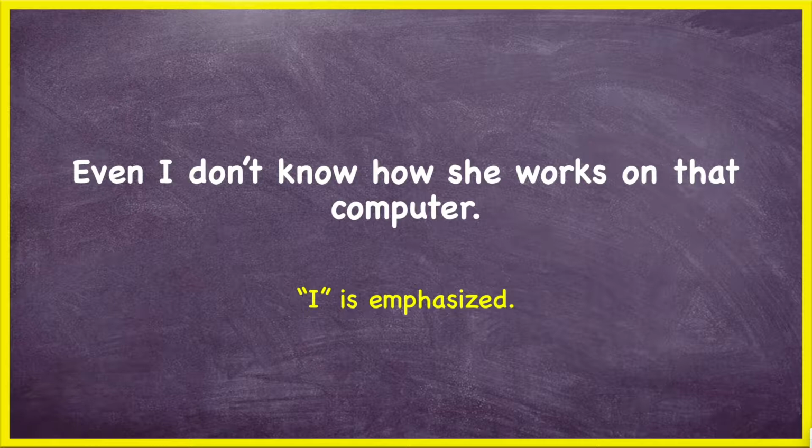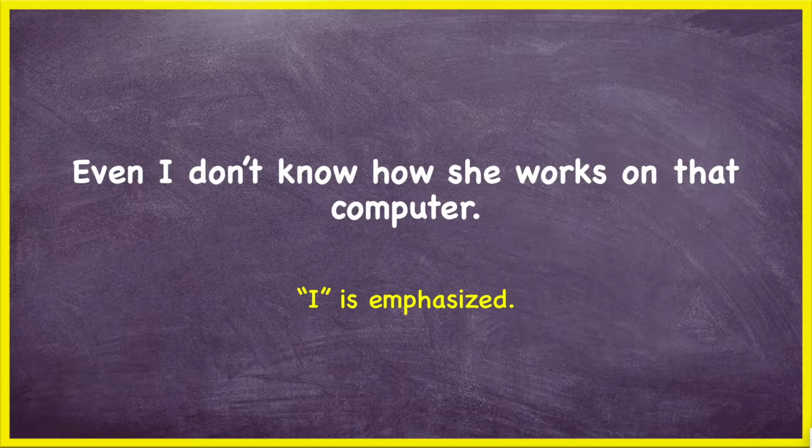All right, so here, I is emphasized because it immediately follows the word even. So even I don't know how she works on that computer. That means maybe there's no one who knows how she does it. And if anyone would know, then it would be me.